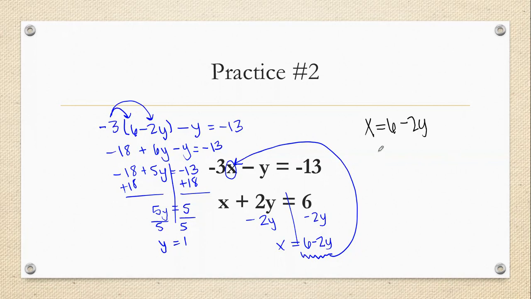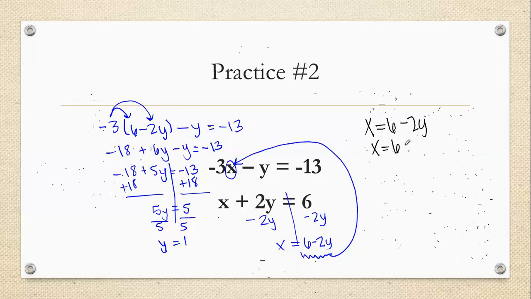Let me know what y'all get when y'all get it. x is 4. Awesome. x equals 4. So 6 minus 2 times 1. x equals 6 minus 2. x equals 4.